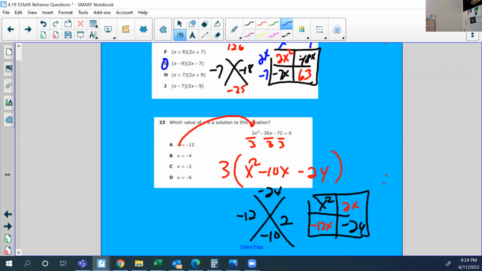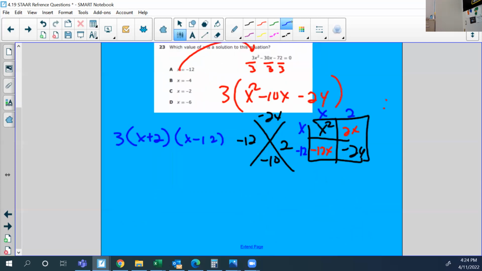This becomes an outside now because the x and x, right? This becomes x plus 2 and x minus 12. So now my factors are 3 times x plus 2 and x minus 12, and that is equal to 0.